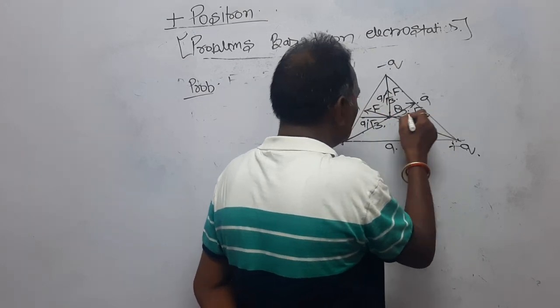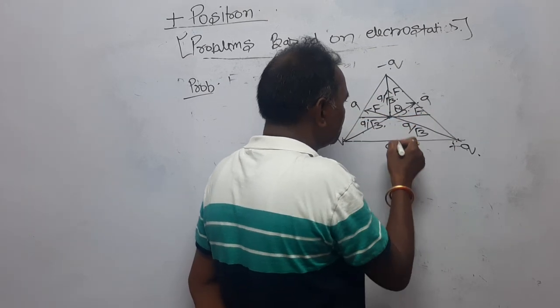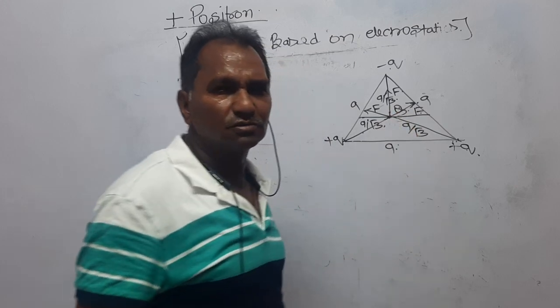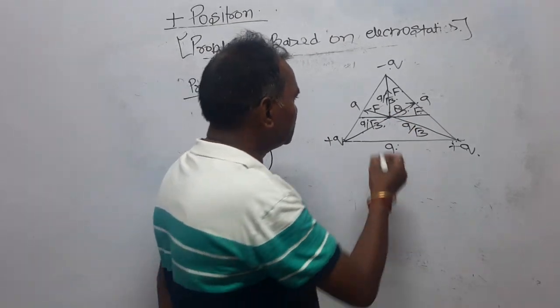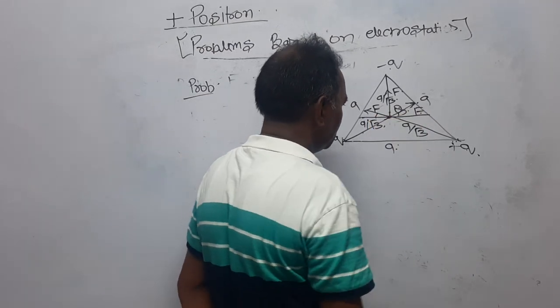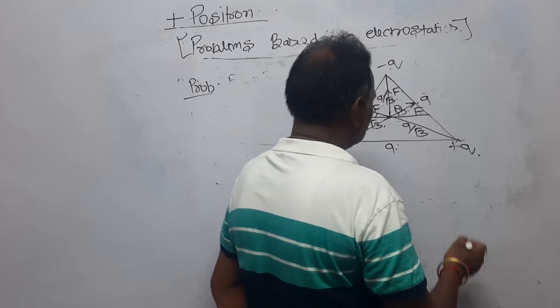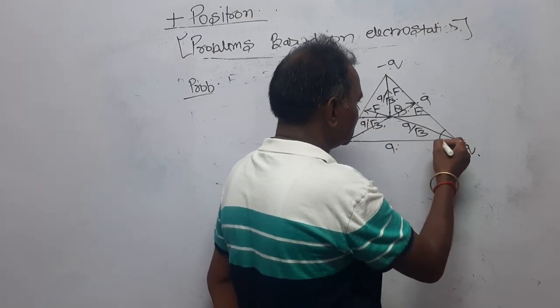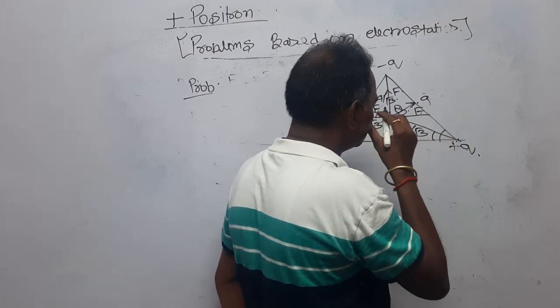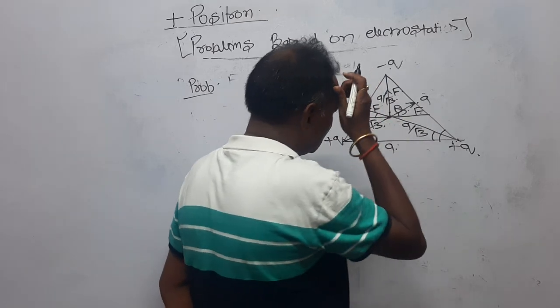Now, dear students, look here, what I have to do. I have drawn a line parallel to the x-axis passing through the centroid in order to find out these angles. Now, dear student, this was 60, so it was 30, I am sure, right?